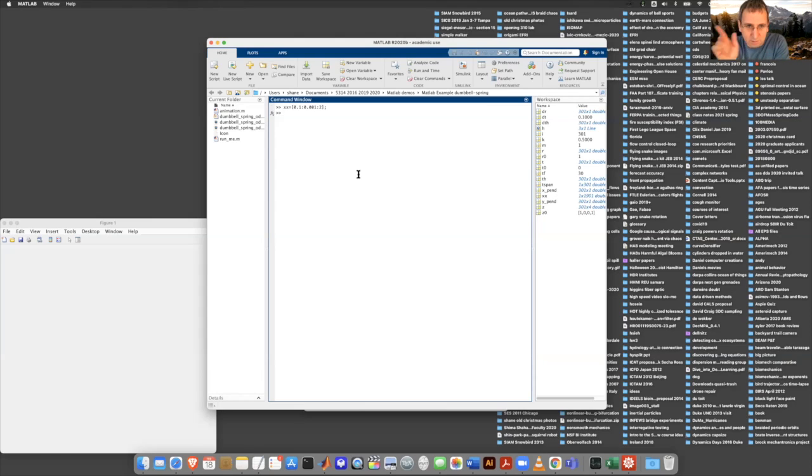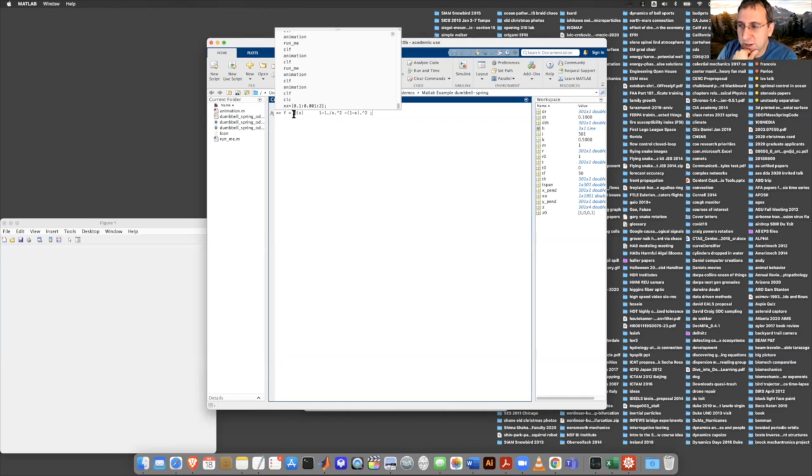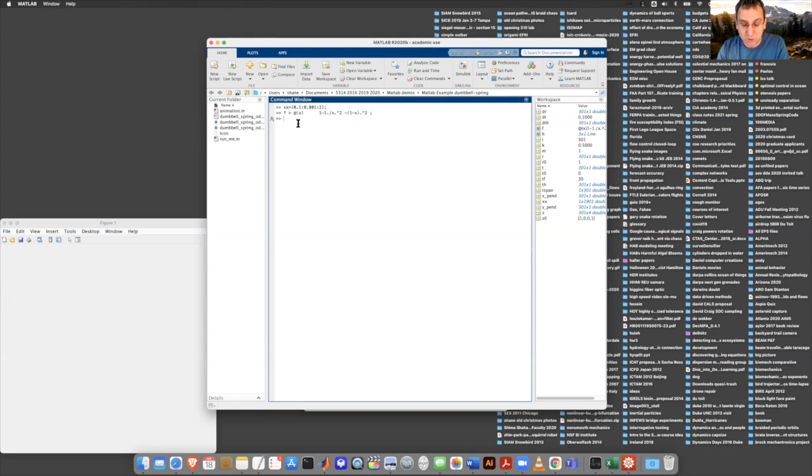That just gives me something I'll be able to plot. Then F equals, there we go. This defines f as a function of x with this expression, which is what I wrote before, but now in terms of x. That defines a function in MATLAB that takes in things.